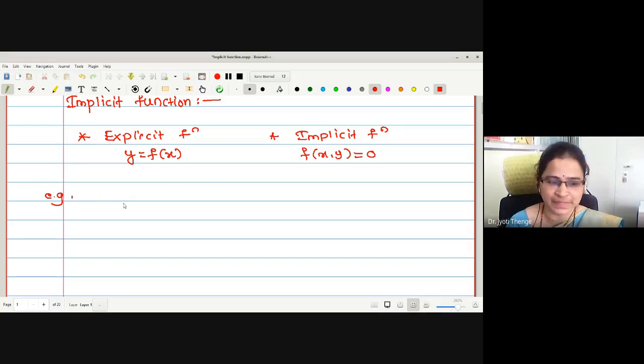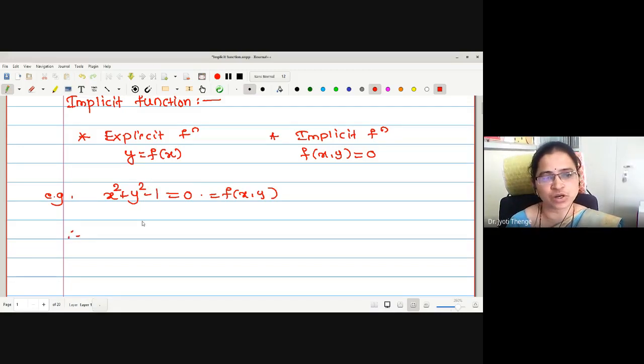Let me write an implicit form of the function in two variables, right? Let it be some x square plus y square minus 1 is equal to 0. This is a function in xy, no doubt implicit in nature. Now we'll try to convert it into an explicit form, trying to find out y equal to f of x or x equal to some g of y on that side.